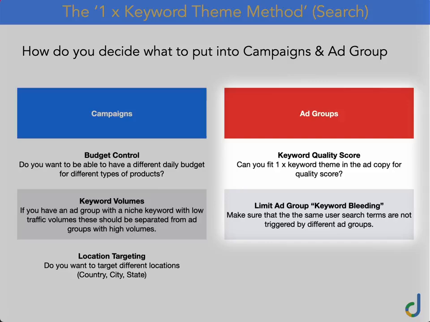If you update the ad copy in ad group A and it gets a high click-through rate and a high conversion rate, but that search keyword is still being triggered by another ad group because it's bleeding into that one, you're losing the benefit. So you don't want any keyword bleeding. That way, for certain keyword themes, you know they're only being triggered by this ad group, so you can do a complete optimization process.